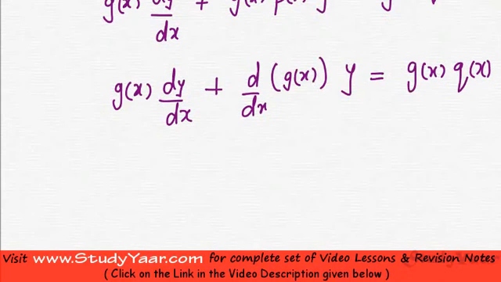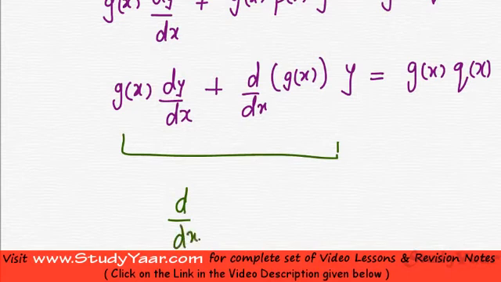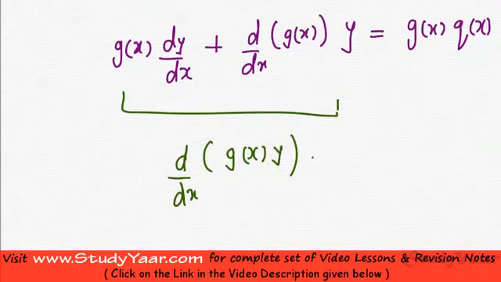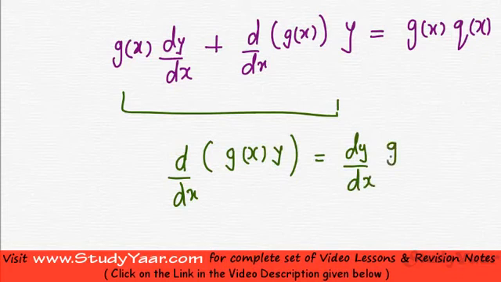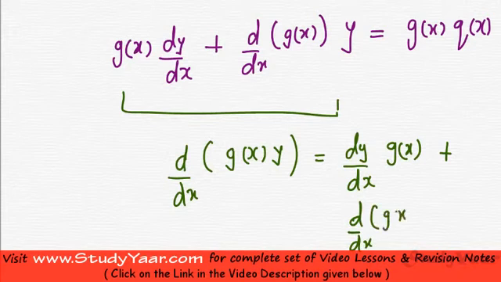Just look at this term. What you have over here is d/dx of g(x) into y, right? If you apply the product rule, d/dx of g(x) into y is going to be dy/dx into g(x) as it is, plus d/dx of g(x) into y as it is, which is this thing.